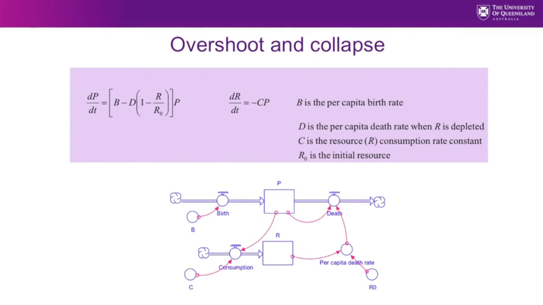So this is the death, and it has all these components, right? It has P on this part of this flow. It has P, it has R, and it has R0, okay? I hope that now you can start understanding how, if I give you the equation, you are going to construct the stock and flow diagram?